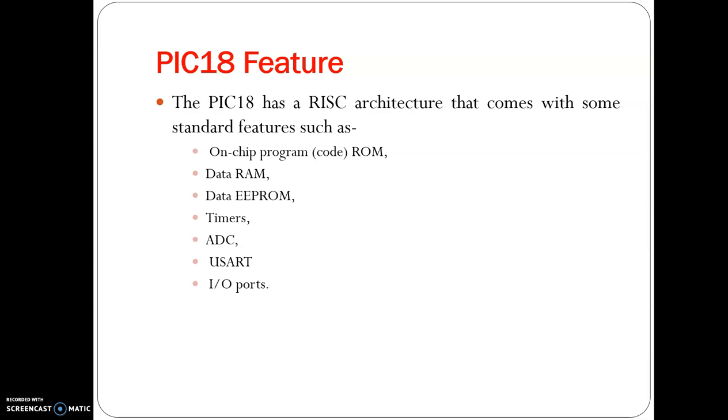The size of the program ROM, data RAM, data EEPROM and I/O ports varies among the families. Also, the peripherals such as timers, ADC, USART are all available depending upon the family member.